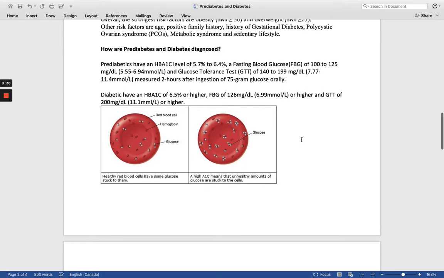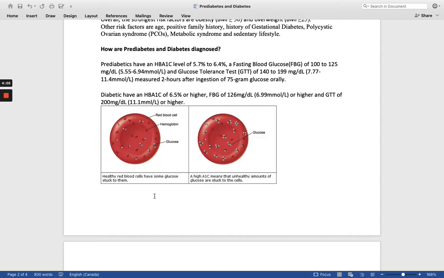Okay, so what is glycosylated hemoglobin or HbA1c? Normally, when you see a red blood cell, it has no nucleus. Okay, so it depends on the glucose in the blood for its energy flow. In diabetics, what happens is due to higher level of glucose in the blood, glucose gets combined or it attaches itself to the hemoglobin in the red blood cells and it builds up over time.